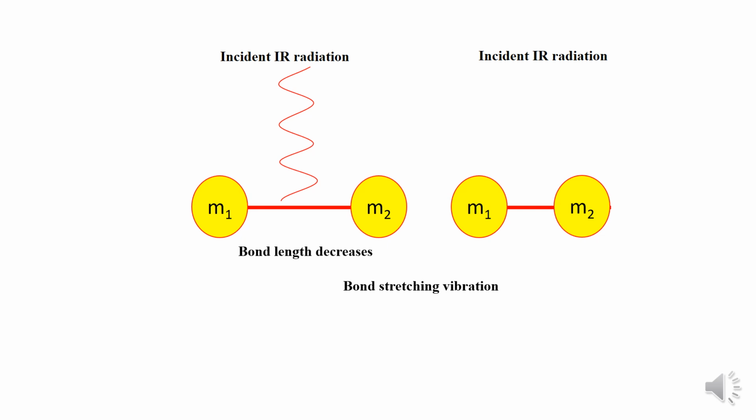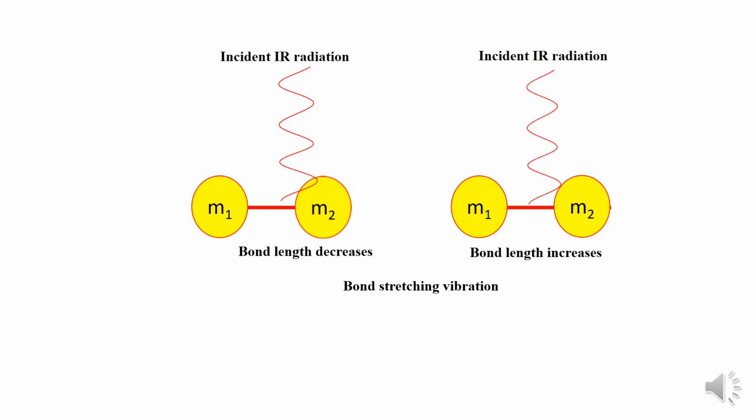The first outcome is that the bond length may decrease, and the second outcome is that the bond length may increase.